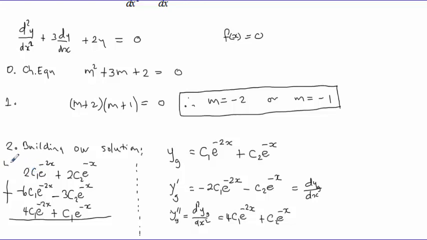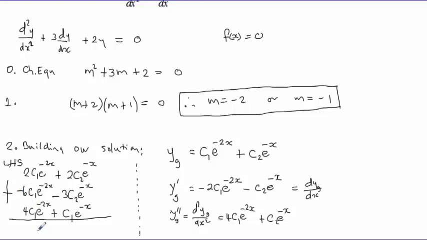And this will give us what? The left hand side, and we see here that the right hand side is equal to 0, so we've got to see whether this gives us 0. Let's simplify this. What we have here, we've got 2c1 minus 6c1 plus 4c1, which gives us 0 times e to the power minus 2x.